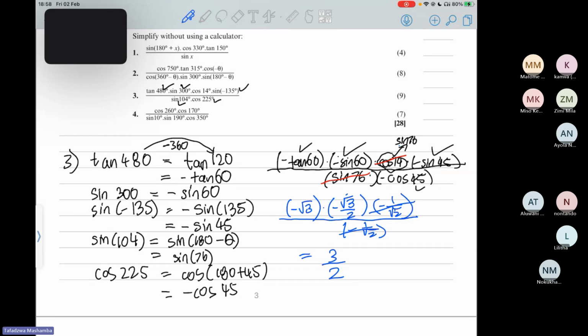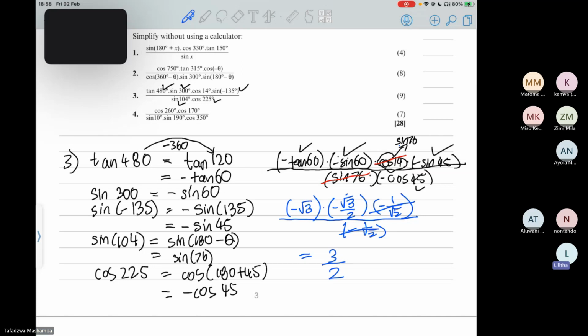You're saying you have a negative sign. Oh, well, I see that it's sine of negative 135 now. And 135 is in quadrant 2, between 90 and 180.